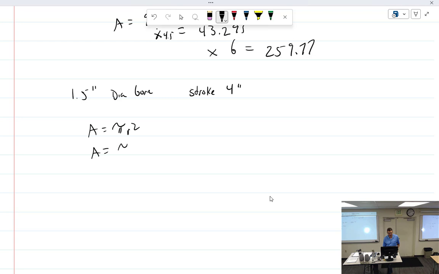Area equals 0.75 squared. Now, what'd you get? 7.065. All right.